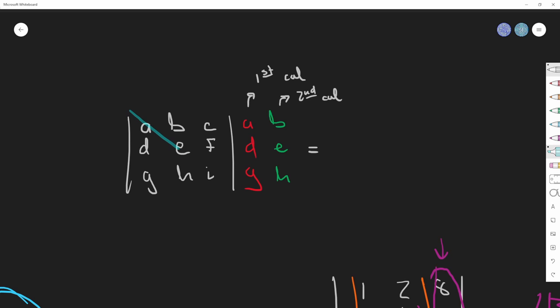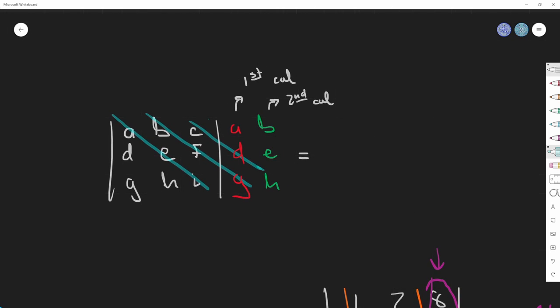So this would be one diagonal, this would be another diagonal, and then this would be the other diagonal. So we'll have 1, 2, 3 diagonals because they each have the 3 elements. If you would have done this one, it will only have 2, so you can't really multiply it. And same thing goes for the others.